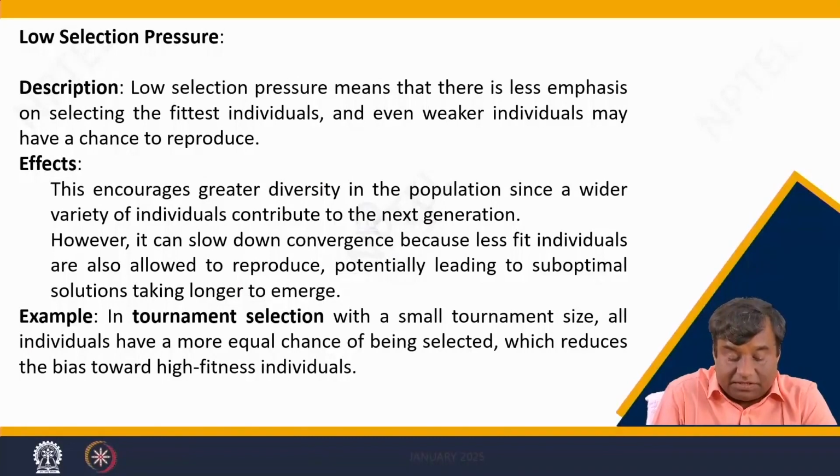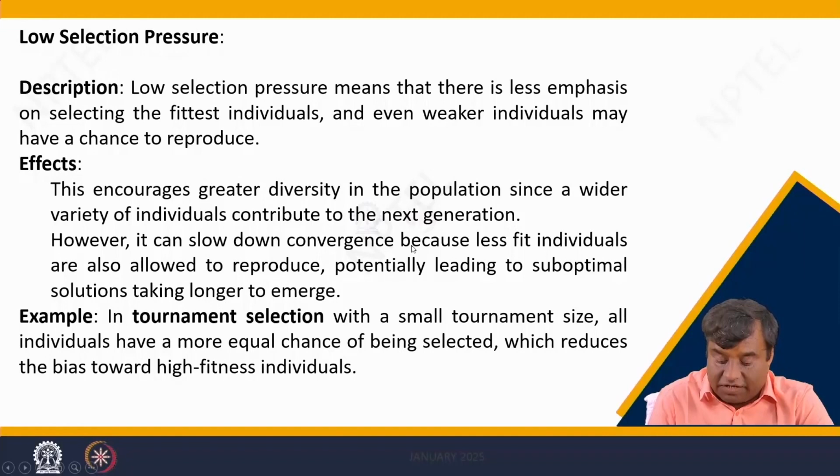Now, low selection pressure. Low selection pressure means there is less emphasis on selecting the fit individuals and even weaker individuals may have a chance to reproduce. Effects. This encourages greater diversity in population since a wider variety of individuals contribute to the next generations.